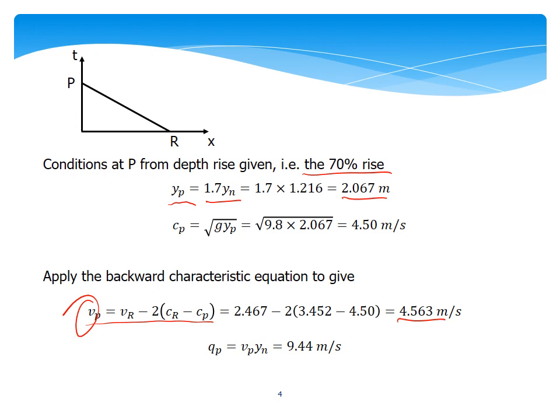And qP, so the flow now, which is what the question asks, is VP times Y. That's the velocity times the area, but remember this is per unit width, so the width is 1. So the flow is 9.44. It's not meters per second, it's meters cubed per second per meter width of the channel. Remember to get your units right.